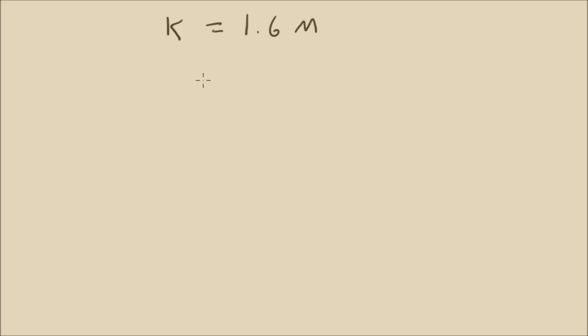So now what I have is, I'm going to take both sides and multiply them by 1 over 1.6. So it's going to be k times 1 over 1.6 equals 1.6 m times 1 over 1.6.